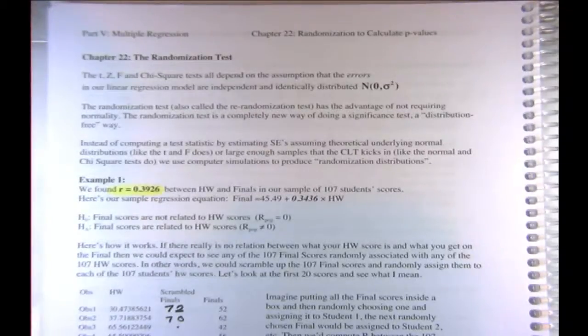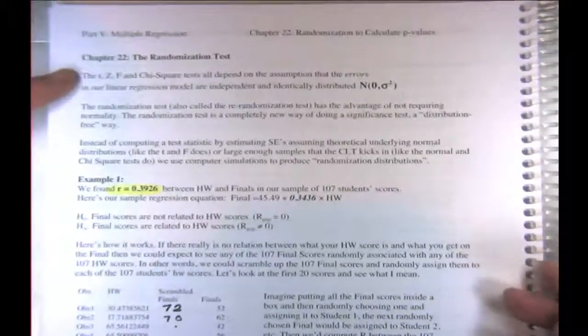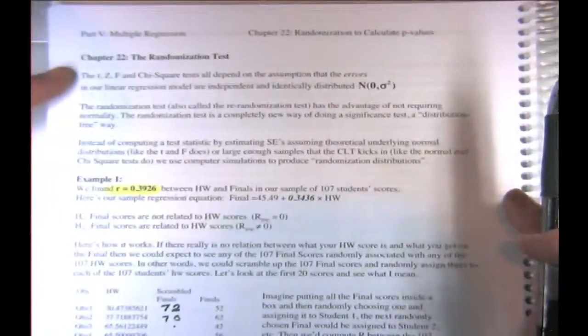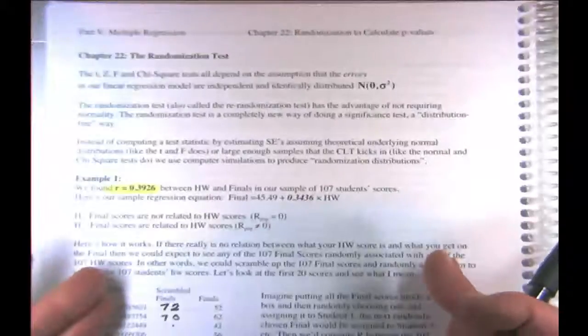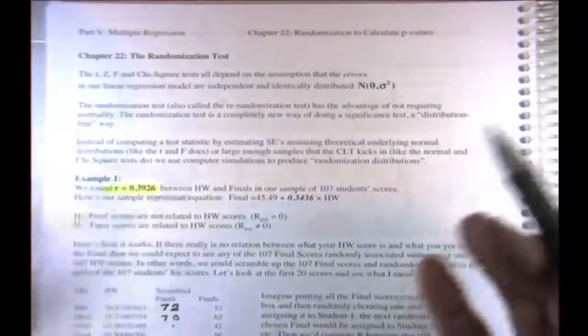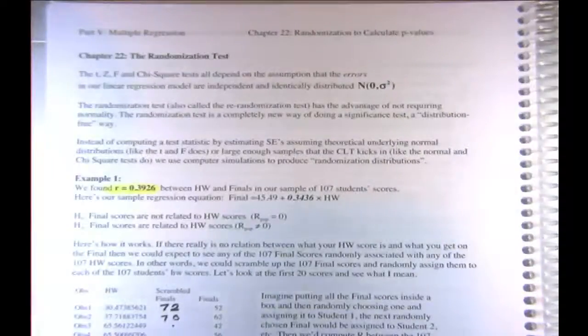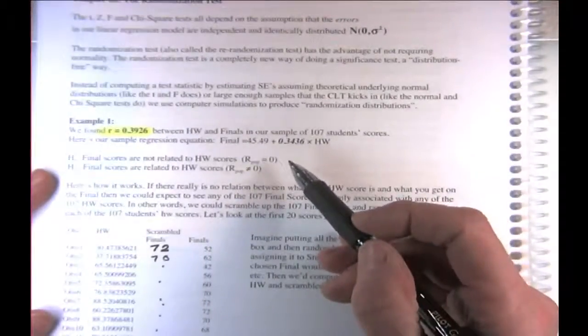So if you remember last time, we almost finished up chapter 22 on the randomization test. Basically, the randomization test makes the null hypothesis that nothing is going on, that whatever effect you see is just due to chance variation.